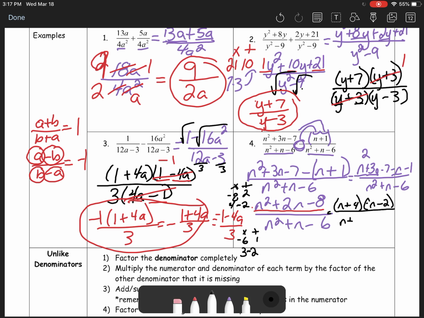So this is going to be n plus 3 times n minus 2. Okay, so I factor all of that out. My denominators divide out to be just positive 1. And so my final answer is going to be n plus 4 over n plus 3. And so that's the first part of the lesson, adding and subtracting with a common denominator.